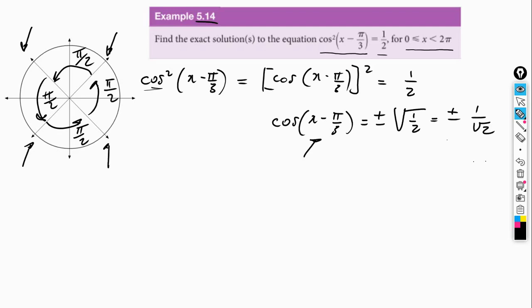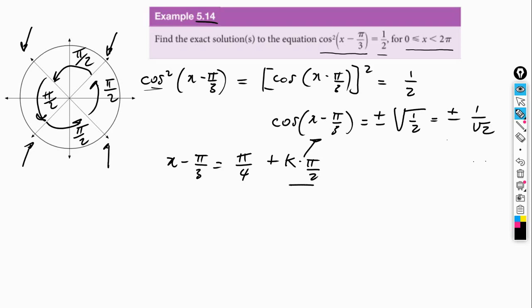In general, we can say that the solution for this problem is going to be in the form x minus pi thirds is equal to pi fourths plus some k times pi halves. Why k times pi halves? Well, k is just going to be an integer. And this gives us the fact that there's a distance of pi halves between all the solutions.